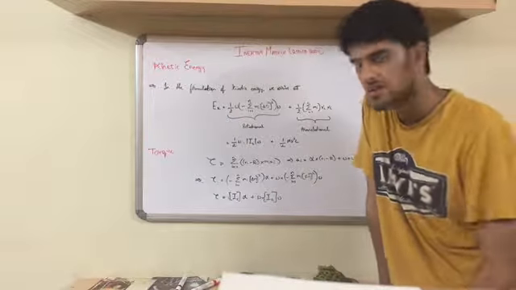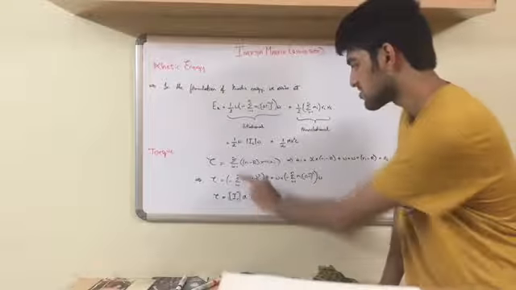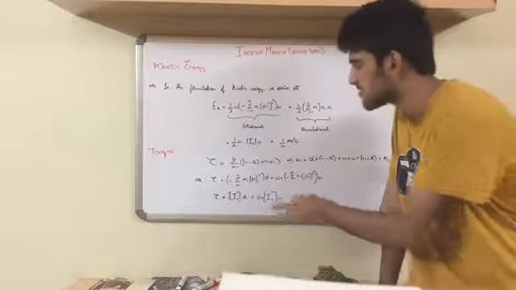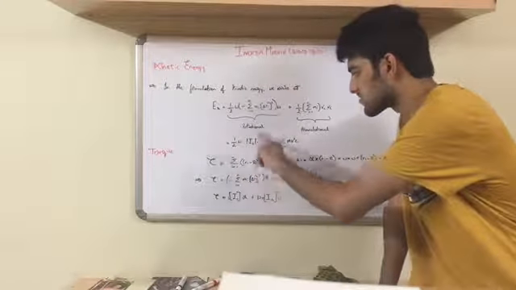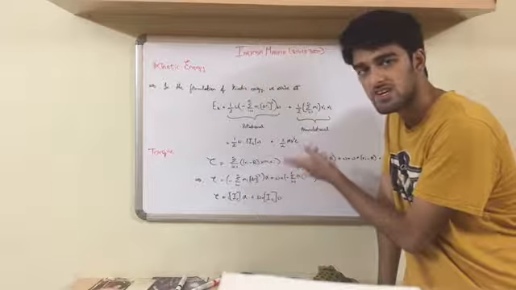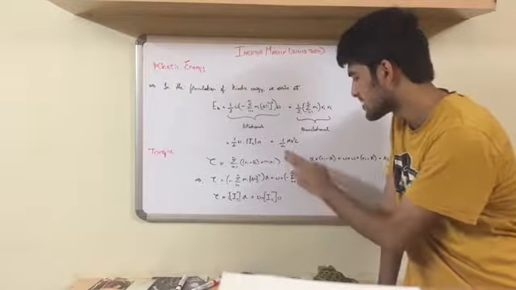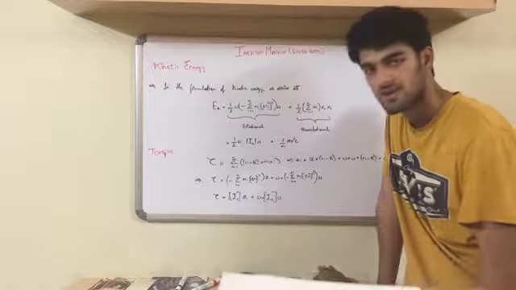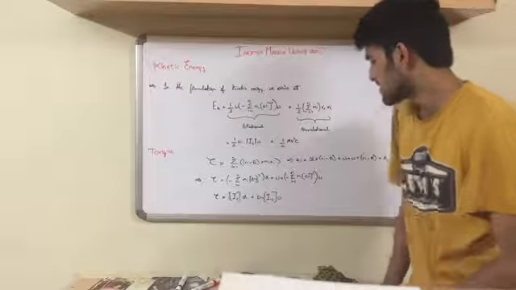Moving on to the torque. In the calculation of torque, it's simple. From Newton's second law, we get tau = Σ from i=1 to n of (Ri - R) cross mi ai, where mi is the mass of the ith particle and ai is its acceleration.